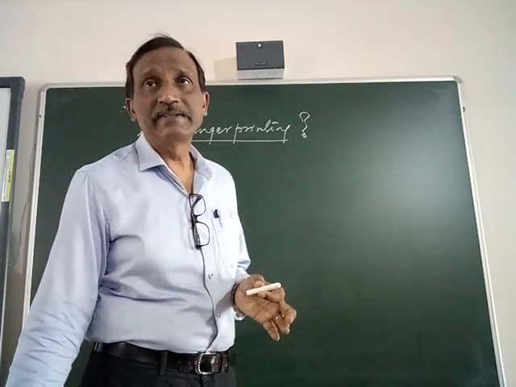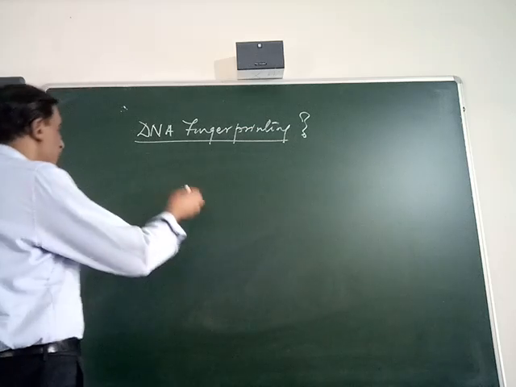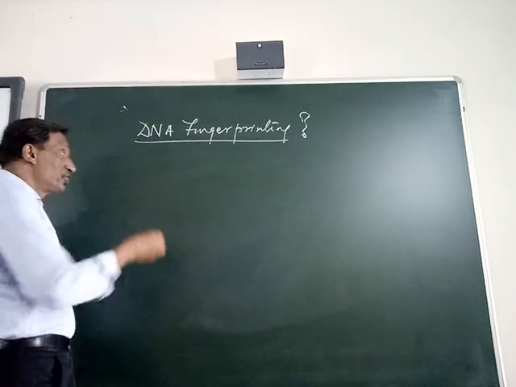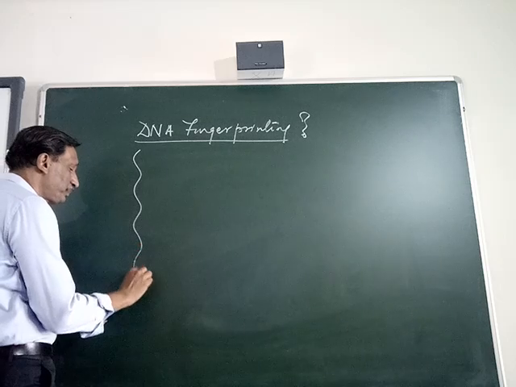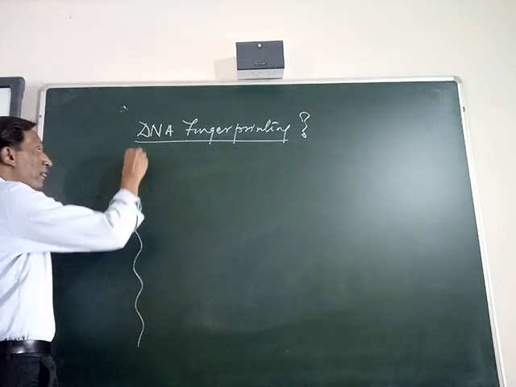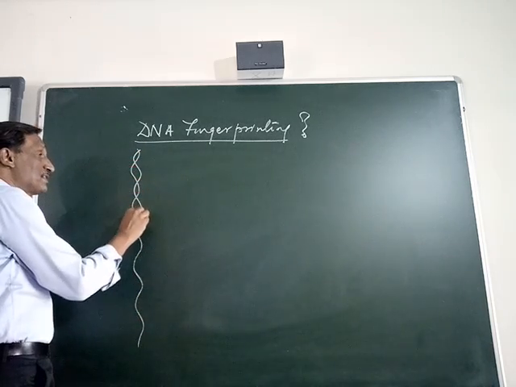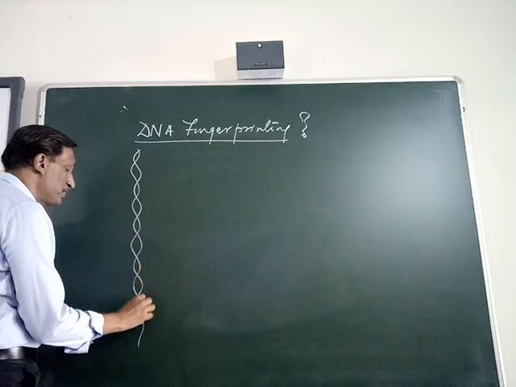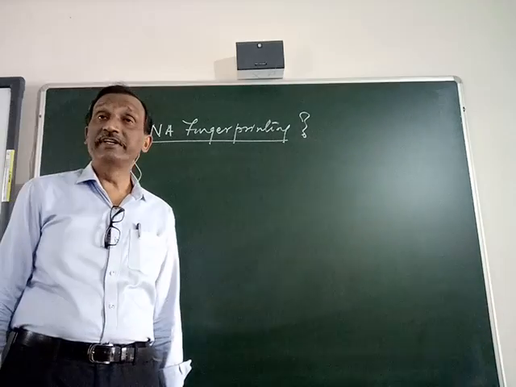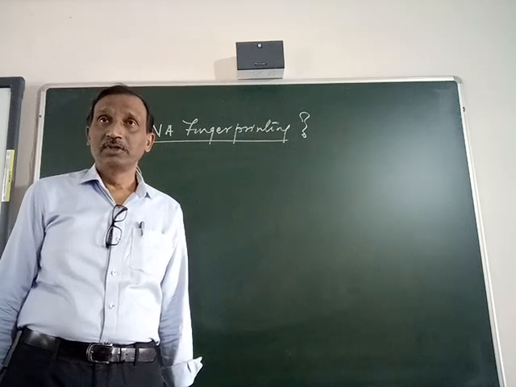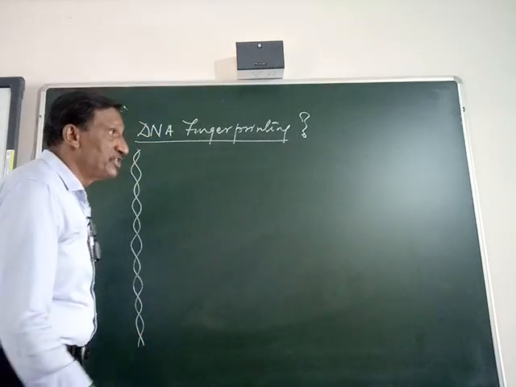Let us study some of it. In yesterday's class, when I was teaching the human genome project, I said this is the DNA of the person. In the DNA of the person, some genes are there. As we studied, in chromosome number one there are 2,968 genes. So there are so many genes present.